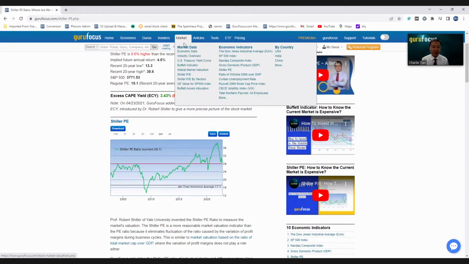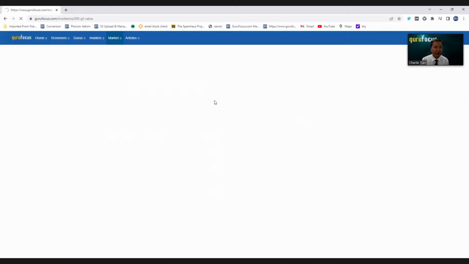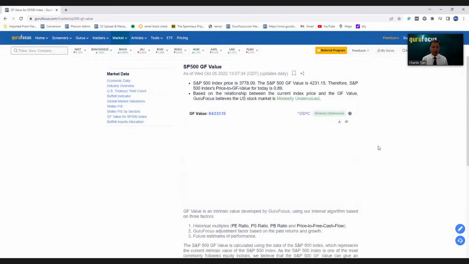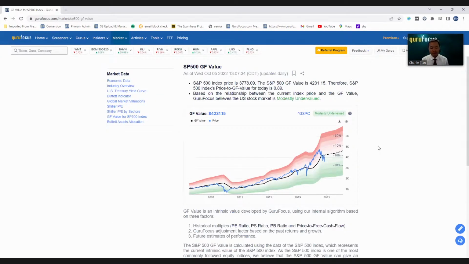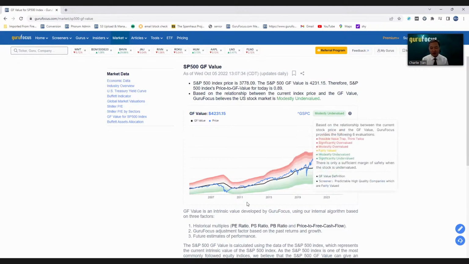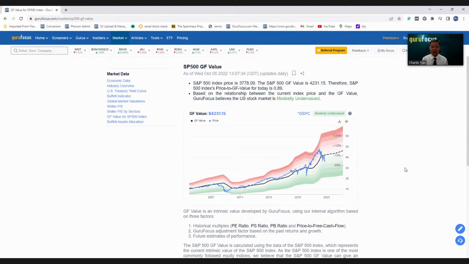Another page we actually developed ourselves, we call it GF Value for S&P 500. Not sure if you're aware of this page. If you look at this chart, it's a GF Value chart we have developed for stocks, and we also applied it to the S&P 500 index, to all the companies in the S&P 500 index as a whole.